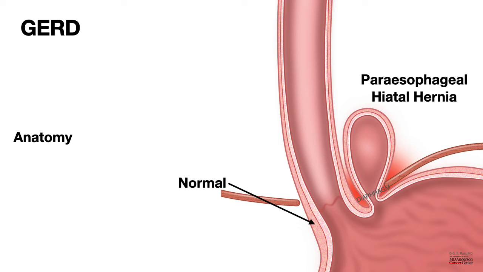So these patients may not have acid reflux symptoms because their junction is otherwise normal, but they may present with pain, and sometimes they may develop an emergency if the paraesophageal hiatal hernia develops kinking or strangulation.